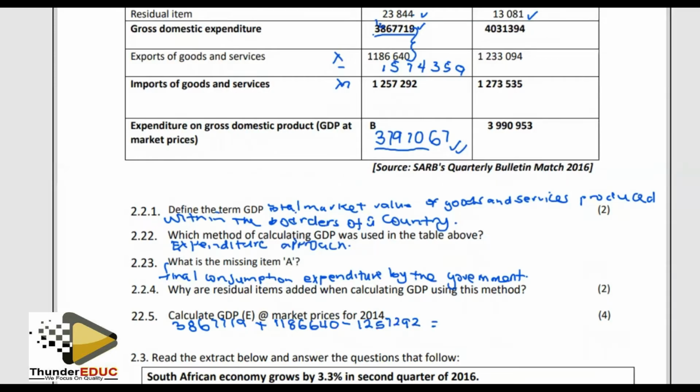We got our answer at 379,706.7. We added this, and we subtracted this, and this is what they wanted.